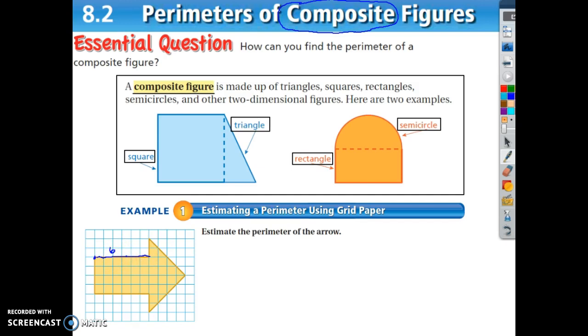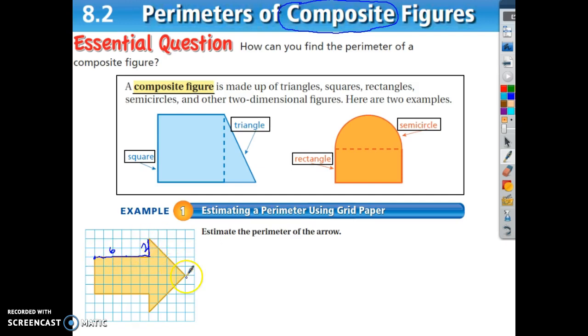I always like to make sure that I outline after I've counted. That way I know that I've taken into account this side of my shape. Now this vertical line I haven't outlined yet. There's no blue mark on it, so I'm going to go ahead and count this distance. I see 1, 2. So this has a distance of 2. So to get from the left to the top part of my arrow, I would have a distance of 8, 6 across the top and 2 vertical.